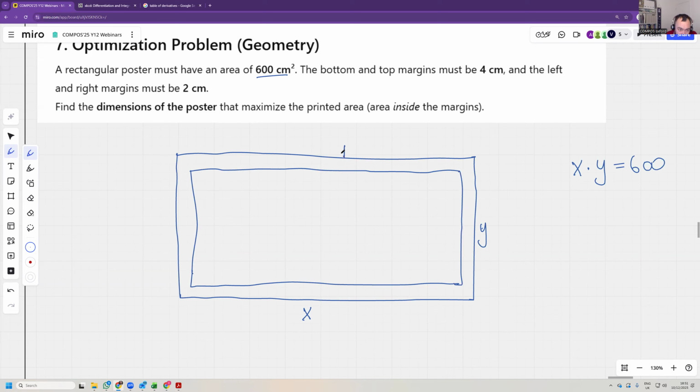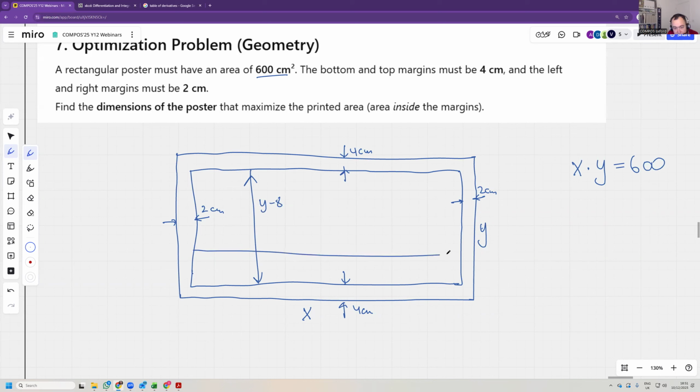So this is 4 centimeters, 4 centimeters. And then here we have 2 centimeters on the edges, 2 centimeters. So that means that this length is actually y minus 8.